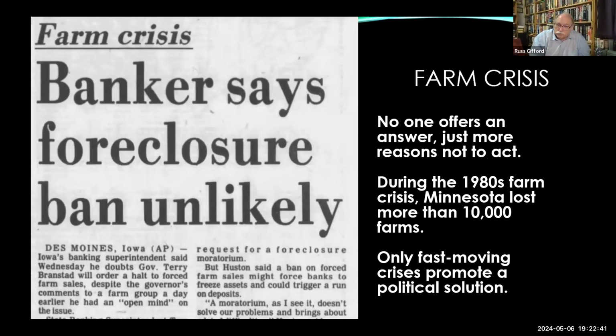But those individual farmers were now out, or if they did stay in farming, they were now hired help, right? And what we really found was, only a fast moving crisis promotes a quick political solution. The bankers are saying, well, we're not going to put a ban on foreclosures. What caused that farm strike in 1932 I talked about?